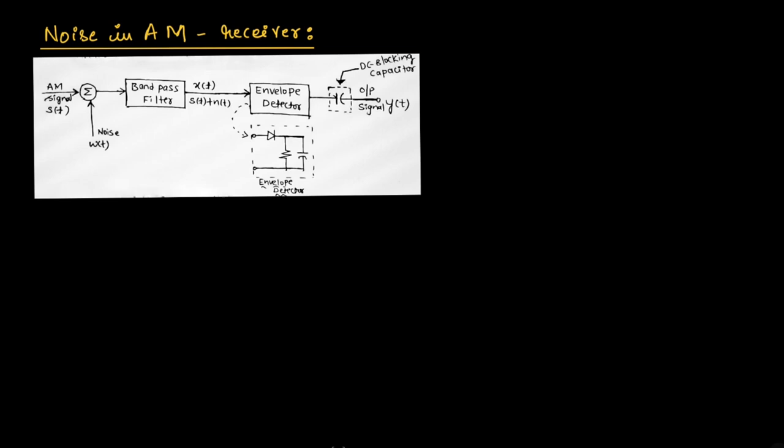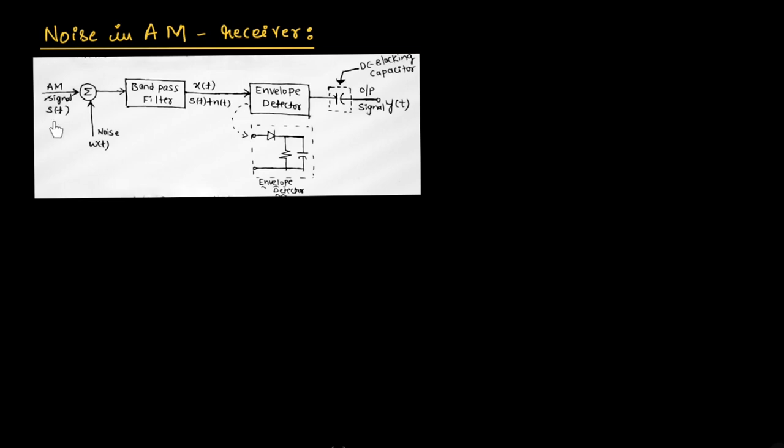First of all, I have drawn a block diagram of the AM receiver where noise gets added to the modulated signal when it is passed from the transmitter to the receiver.